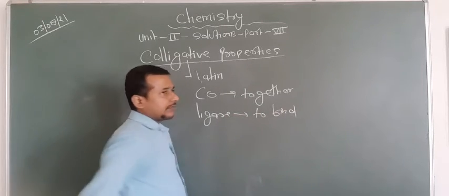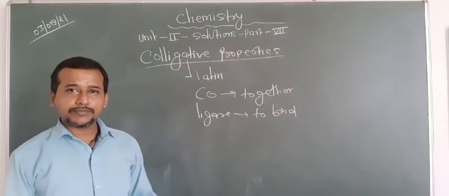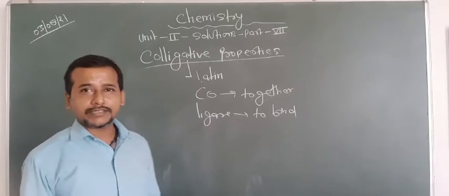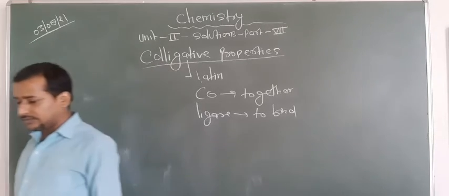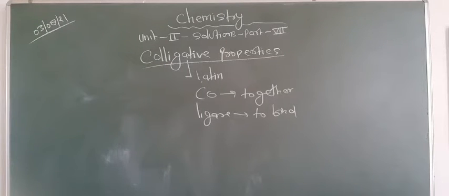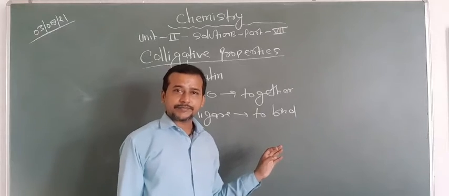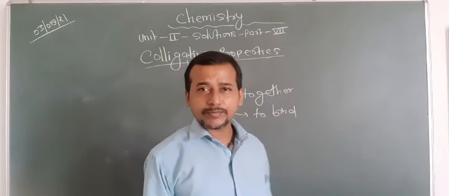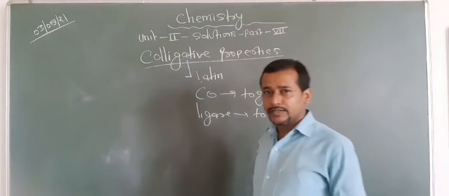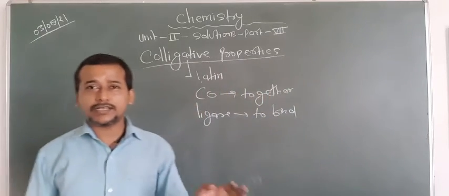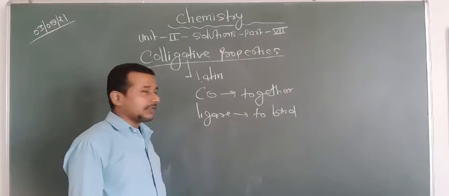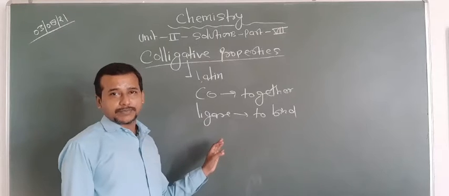That means one property of a solution is related to another property. If you find one property of the solution, you can relate it to the other property of the solution. That is why they are known as colligative properties.